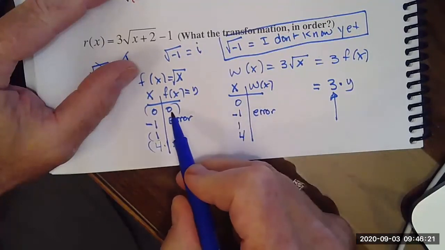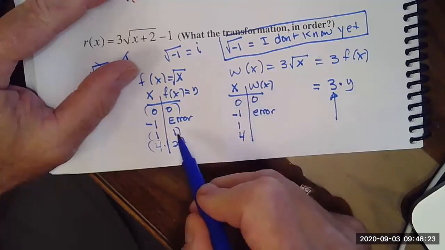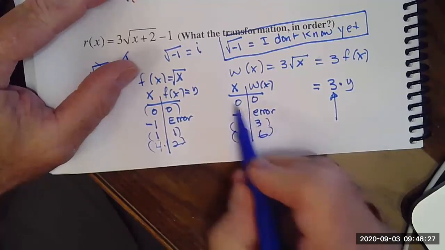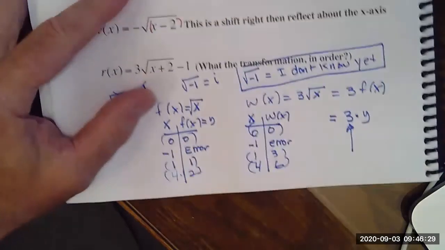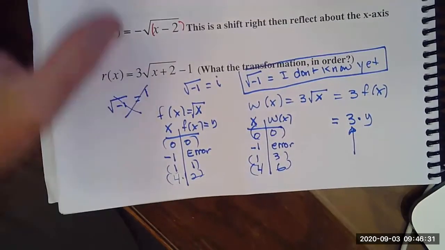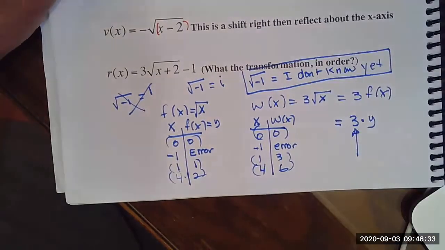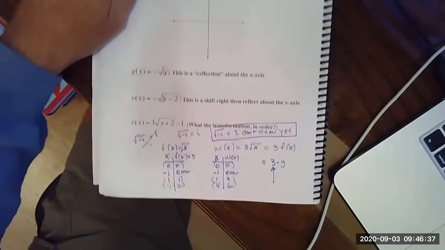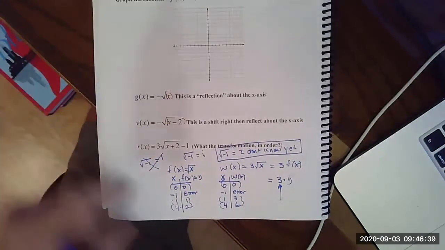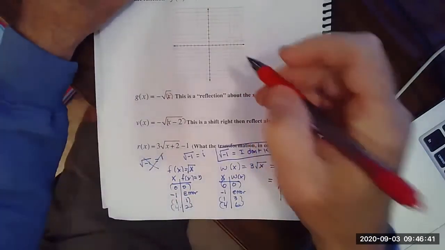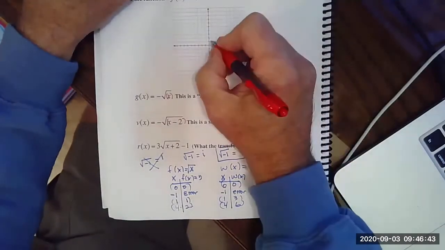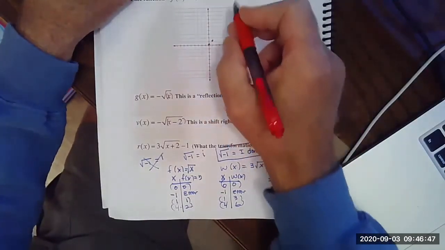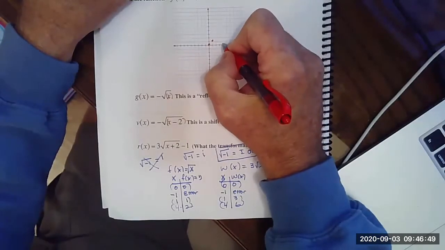So the Y values, multiply this by 3, by 3, by 3. If I plotted this right here on the original, that would be here, here, and 4, 2.